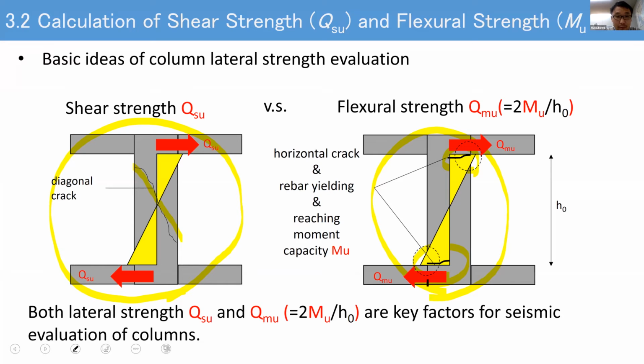Shear failing column is determined by its capacity by shear strength QSU. Flexural failing column, its strength will be determined by flexural strength QMU. Both lateral strengths, QSU and QMU, are the very key factor for seismic evaluation of columns.